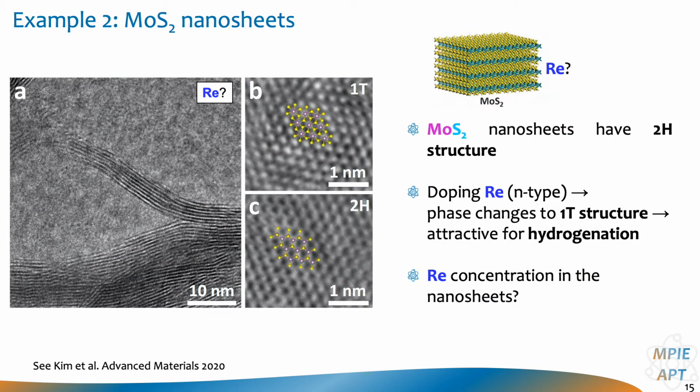We then looked at some two-dimensional materials, molybdenum disulfide, and these had been doped with uranium, and there's discussions on the change in the structure, the way the atoms are arranged in the uranium-doped samples, and there were questions with respect to where the uranium was. Was it inside of the two-dimensional sheet, or was it segregated to the surface?